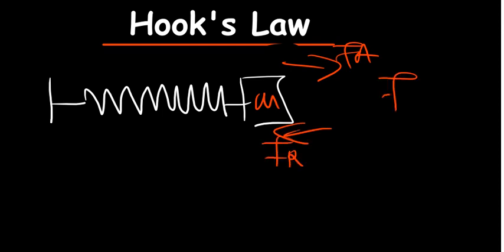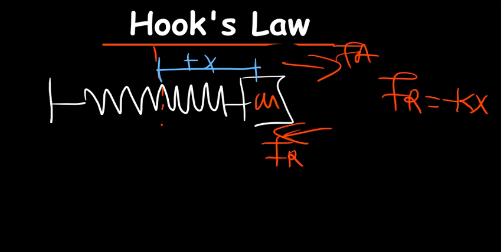So the formula remains the same, negative kx. So this is my equilibrium, meaning that from this point all the way to that point, that is going to be my plus x. If I'm compressing it, let's say I've compressed this spring to this point, then from this point all the way to that point I'll have negative x.